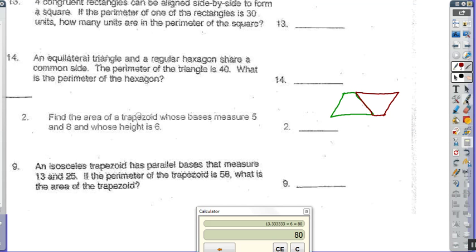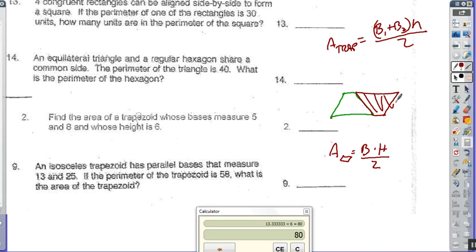And the area of a parallelogram is equal to base times height. Well, I don't want the parallelogram's area, I just want the trapezoid. And so the trapezoid is half of that. But the base is made up of my two bases added together. So the area of a trapezoid is equal to base 1 plus base 2 times the height divided by 2, because I only want half of it.